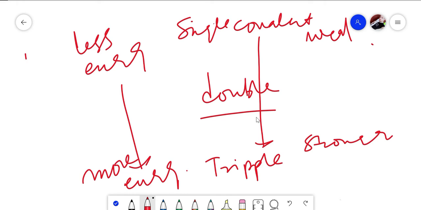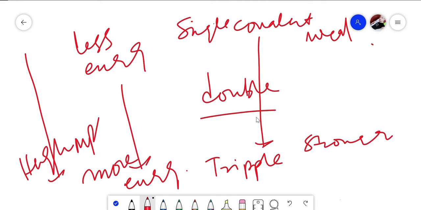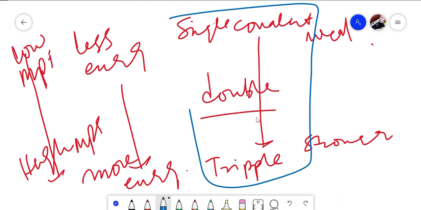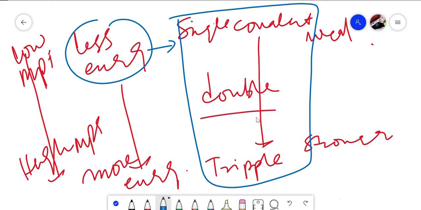The melting and boiling points: high MPs and low MPs. Clear with this? All the explanation is for this. Are we clear with this part? Yes, sir. Okay.